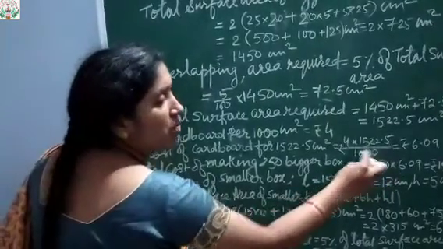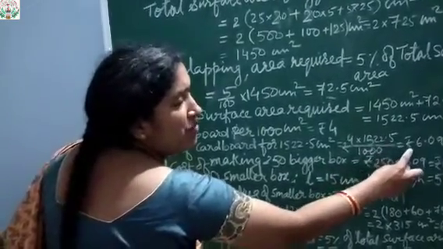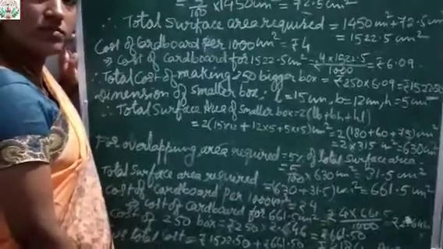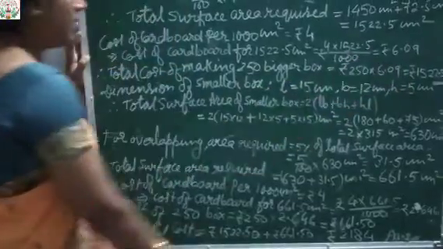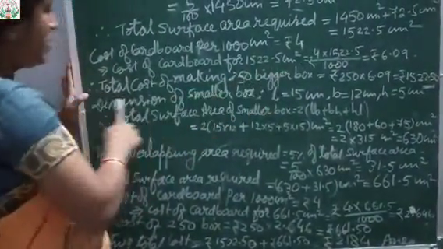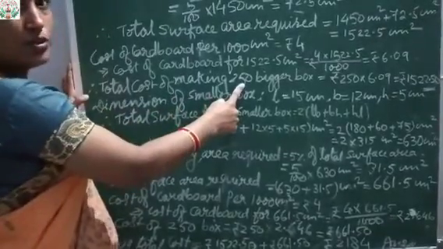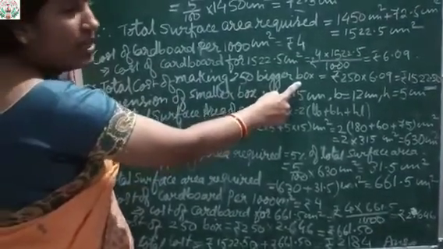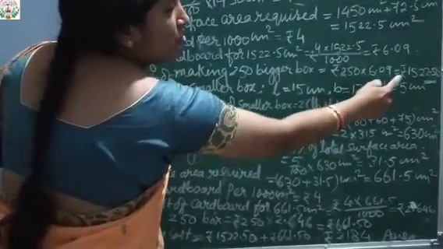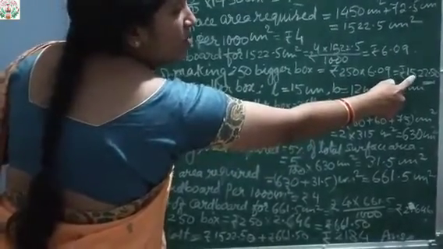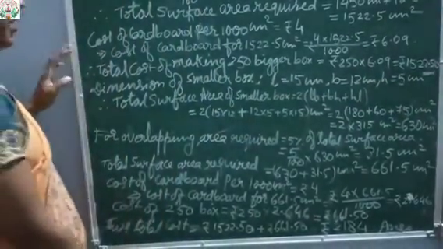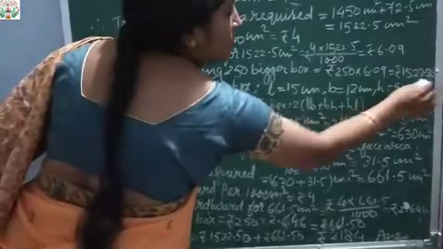On multiplication and division we get rupees 6.09. So this is for the big one, that is for one box. Now how many such boxes are there? That is 250 bigger boxes we need. So 250 into 6.09 equals rupees 1522.50. So that is the cost of 250 boxes.